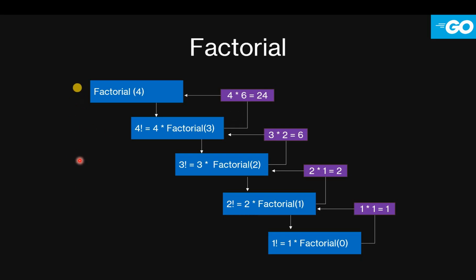If you see here carefully, this is nothing but the call stack, or method call stack. So first we call the factorial of 4. This method will wait for the output of the same method again. The first method which is called in the call stack will wait for another method's return value.